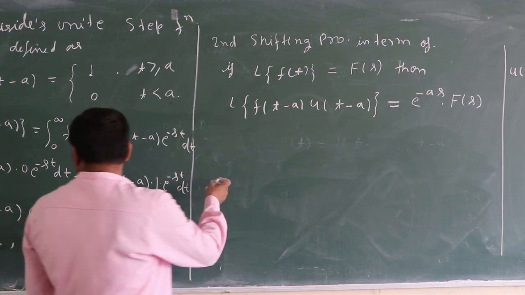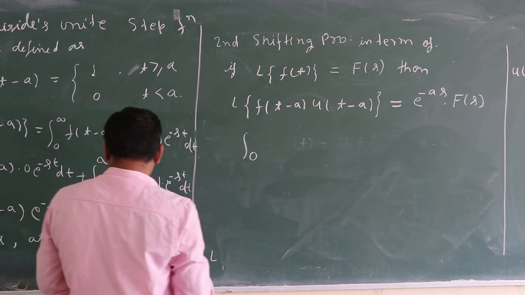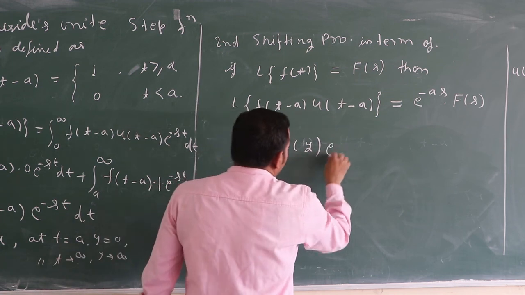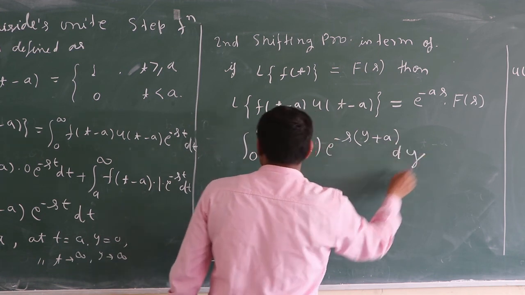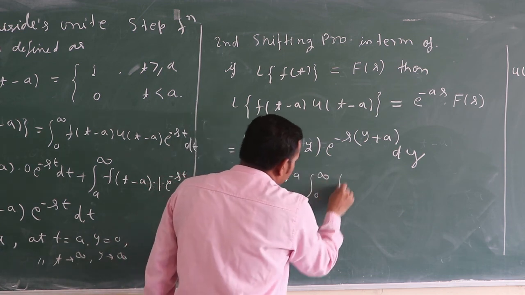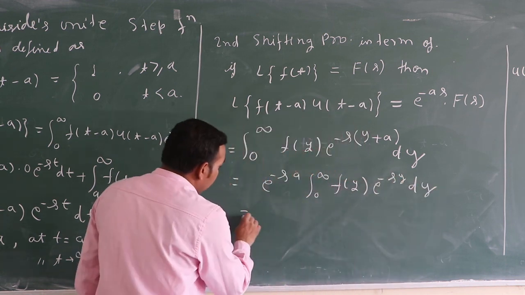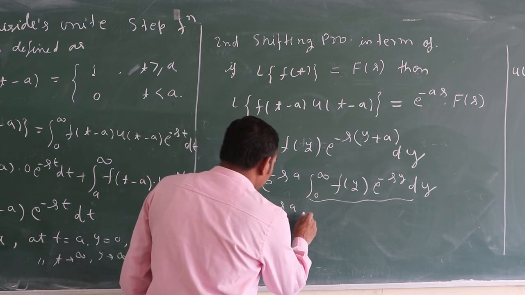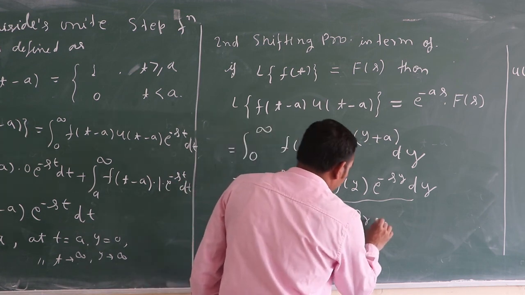So we can write the integral from 0 to infinity of f(y) e to the power minus s(y plus a) dy, equal to e to the power minus sa times the integral from 0 to infinity of f(y) e to the power minus sy dy, and this is the Laplace of f(t), that is F(s). Means proved.